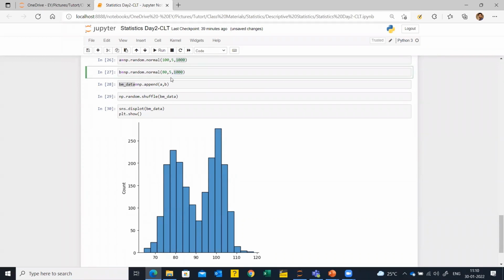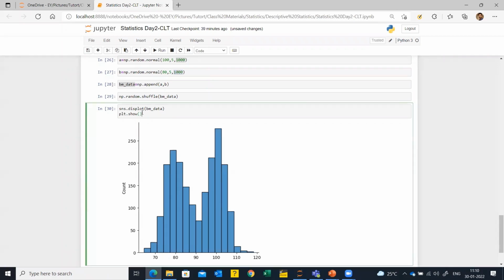What I am doing, I am appending both of them together and shuffling them just to create randomness in the data. If I don't create randomness, then it's of no use for me in statistics. And then I am creating a distribution plot just to show you how the distribution looks like.